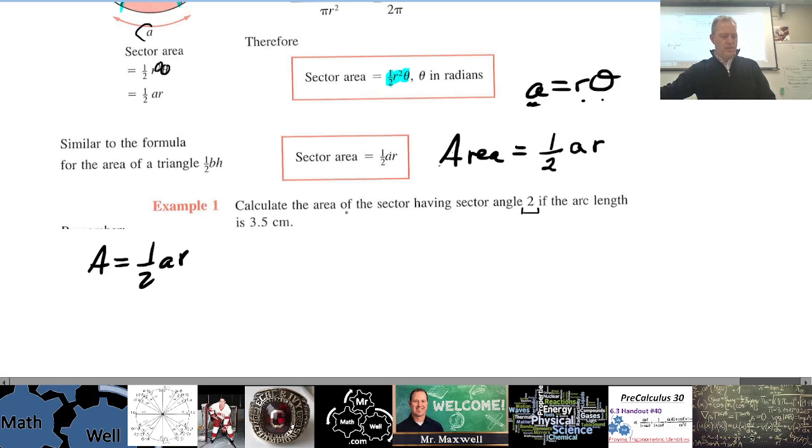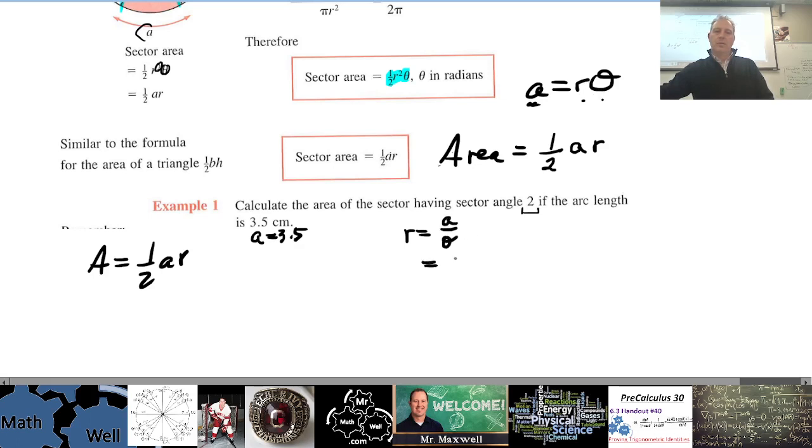The arc length is 3.5, so this is A. A is 3.5, but we aren't given the radius. So we have to find the radius to calculate the area. Arc length is given, so the radius is going to be A divided by theta, A over theta.